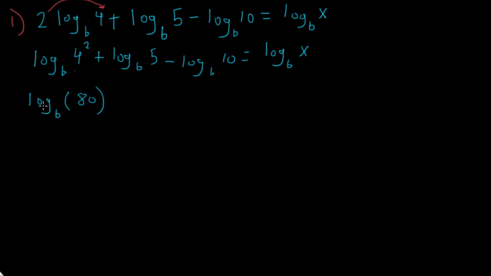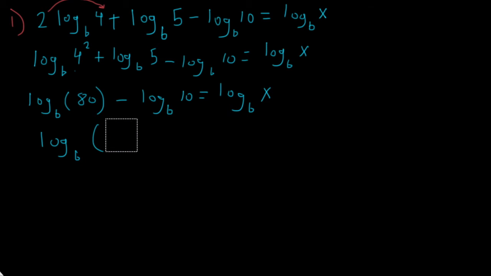Okay, so log B 80, all we did was 4 squared times 5, 16 times 5, minus log B 10 is equal to log Bx. All right, now we're going to use the quotient rule, okay, and this is going to become log B of 80 divided by 10. All right, now that's going to simplify to become 8. So this is log B8 is equal to log B of x.